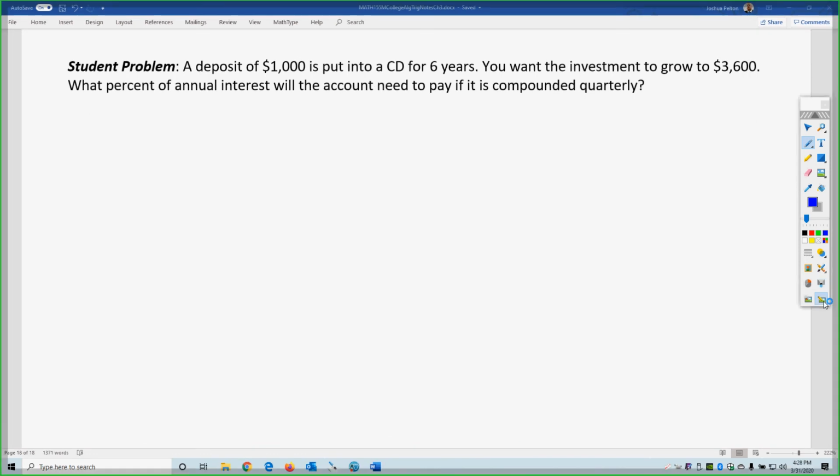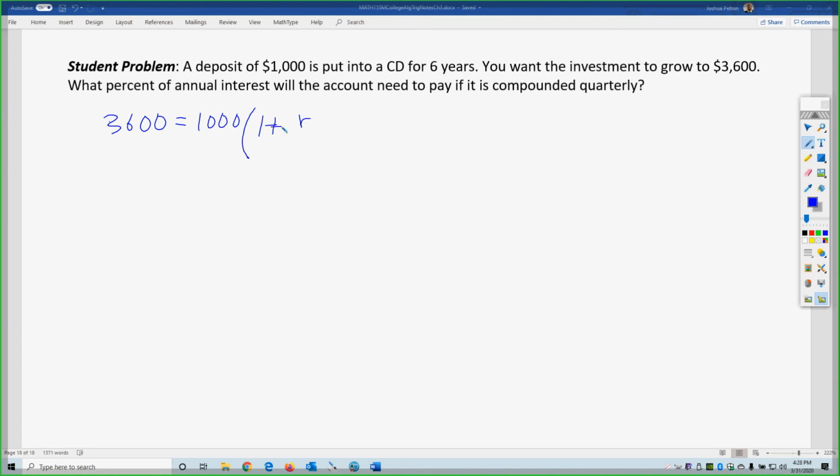Okay, so now we have quarterly interest. So we have $3,600 is the goal of what we're trying to make here. The original principal is 1,000. We don't know the rate.